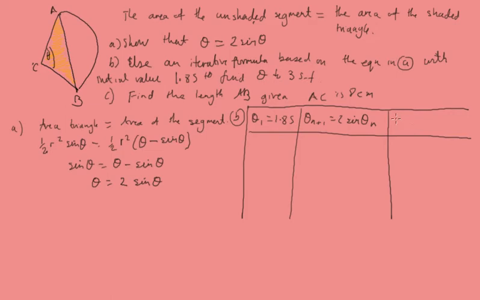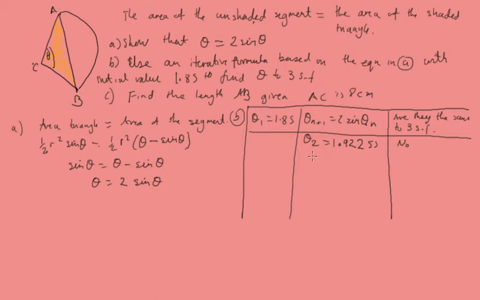And then are they the same to 3 significant figures? So again, I'm not going to write all the working out. So theta 2 would be 2 sine 1.85, which gives us 1.92255.